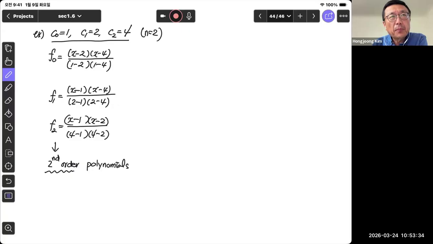And what is the property of f naught? When I evaluate f naught at C naught, which is the value 1, if I plug in 1, what do I have? You have 1 minus 2 times 1 minus 4 divided by 1 minus 2 times 1 minus 4. So the numerator and denominator are identical, and the value will be 1.